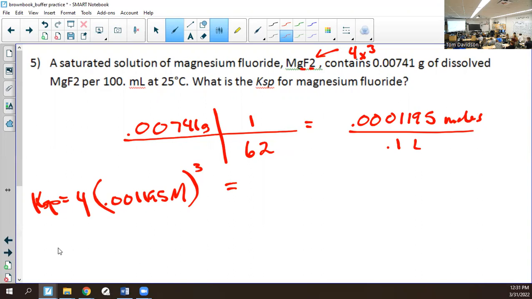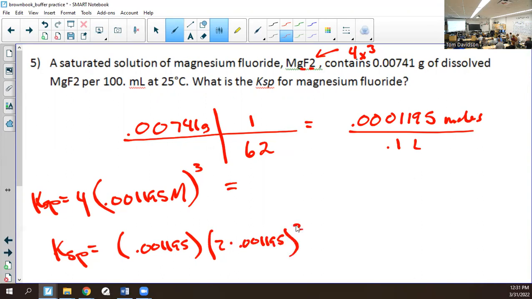Or I say KSP is equal to that number times 2 times that number squared.